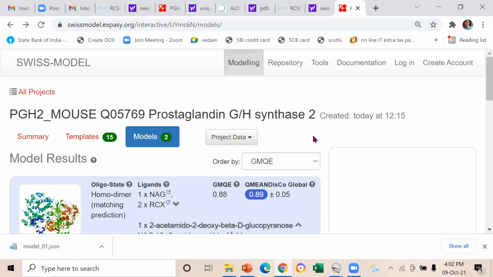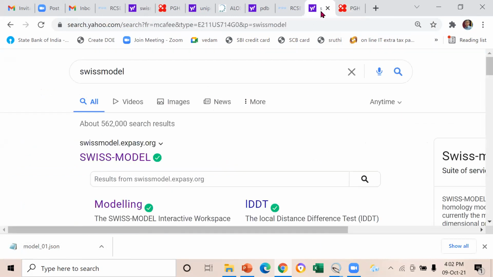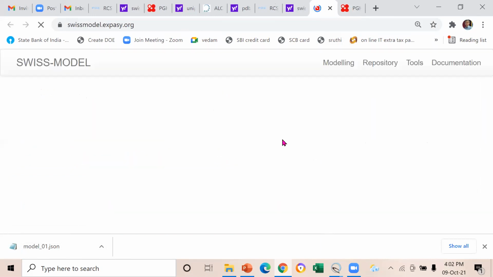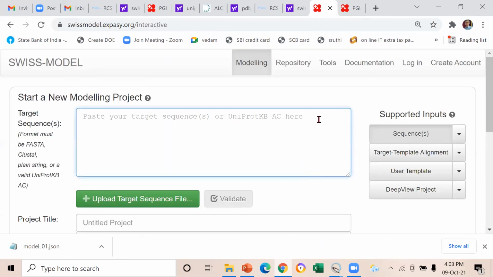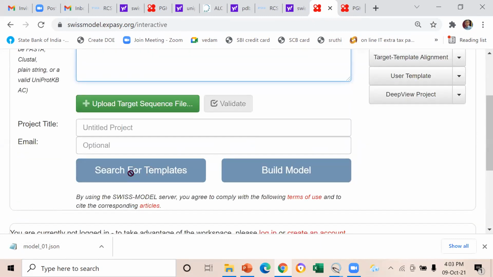So this is the approach for doing a homology model. You understand? So we start from Swiss model, and then we give the amino acid sequence of the protein of your interest or protein which you have discovered, and then you search for a template. It will search and you can arrange it in the order of sequence identity, then sequence similarity, for example, and then you can select the best template depending upon what your research is going to be, and then we say build model.